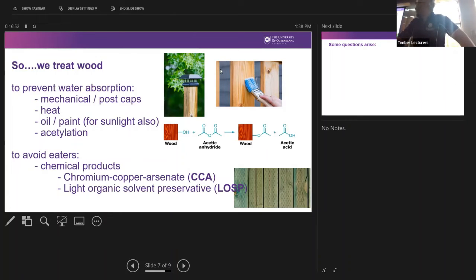There's also another possibility of applying heat to modify slightly the chemical composition of the wood. What does it mean that the water is absorbed in the wood? Well, the water will link chemically with the wood.